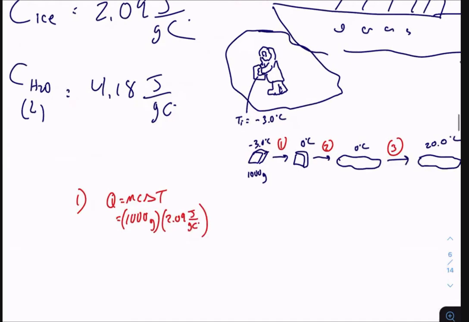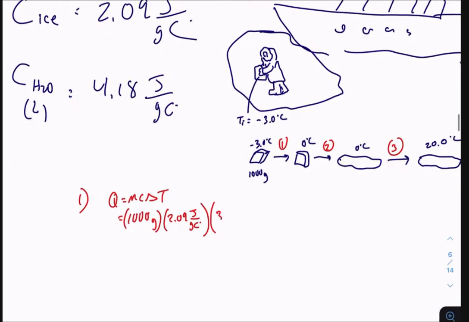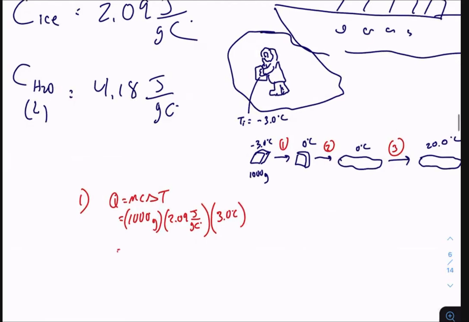And the change in temperature is the final temperature, 0, minus the initial temperature, so 0 minus a -3. So we're talking about 6,270 joules for that first calculation.